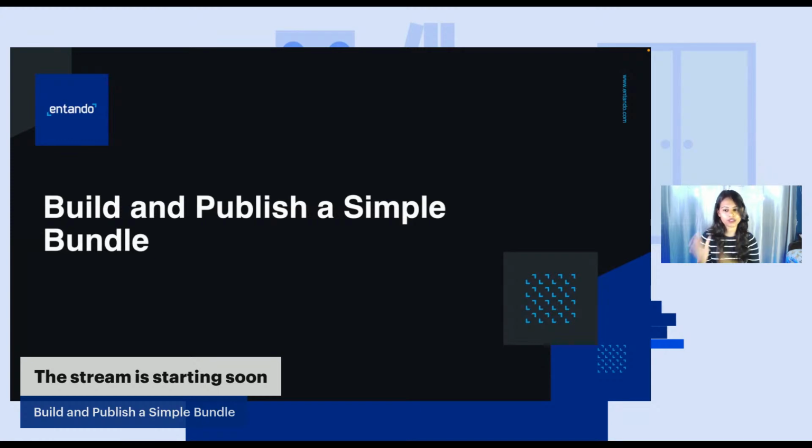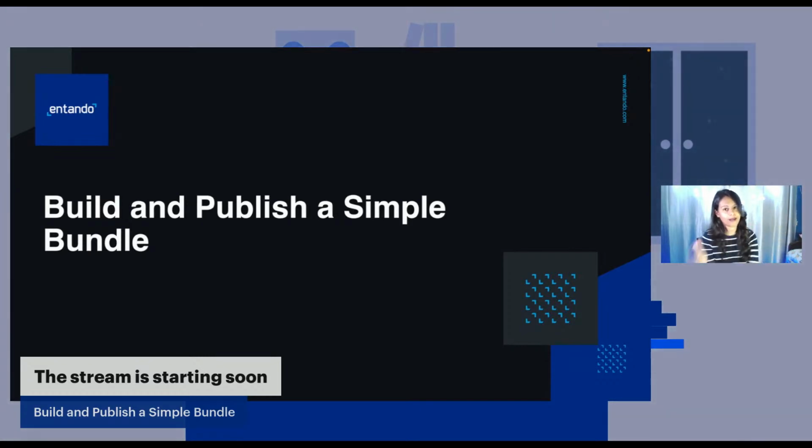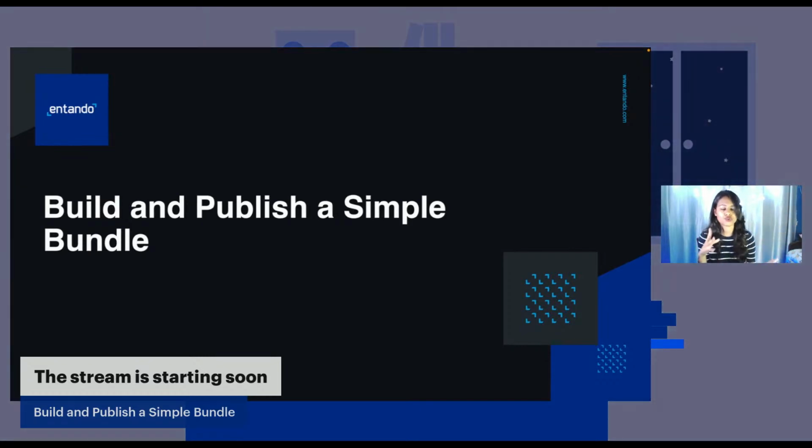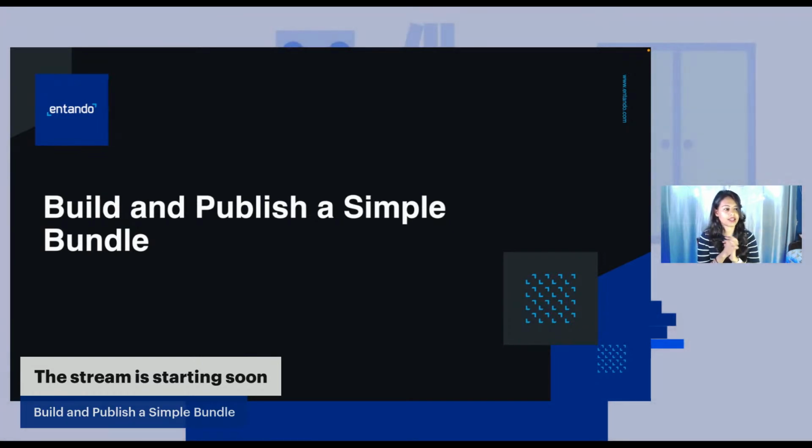Part of this entire bundling process involves publishing your bundle to GitHub, then deploying that to the Entando Component Repository, and then using that in our app builder. We'll go through all of these processes in today's session.